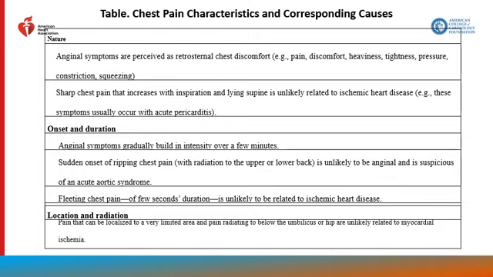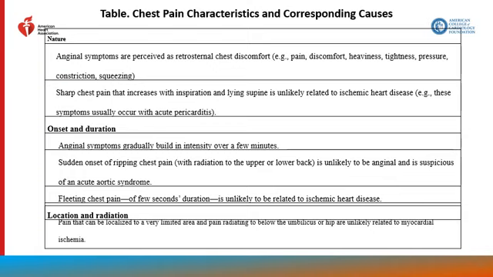It increases over a few minutes, while sudden and severe from the start and tearing chest pain, you have to suspect acute aortic syndrome or acute aortic dissection. Fleeting pain, a few seconds, is unlikely to be ischemic heart disease. The location is very important.